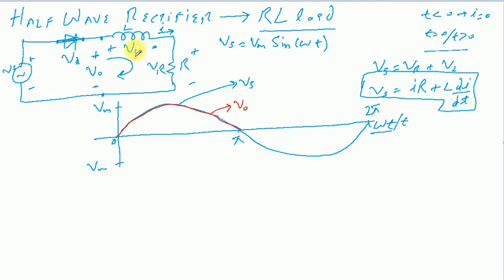Now what is happening individually with resistor and inductor, we'll see that in a while. But overall the sum of the voltage across the 2 components will be the same as being provided by the source. Now let us see what happens individually with resistance and inductor.